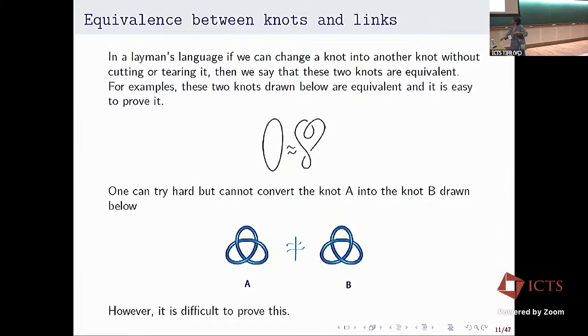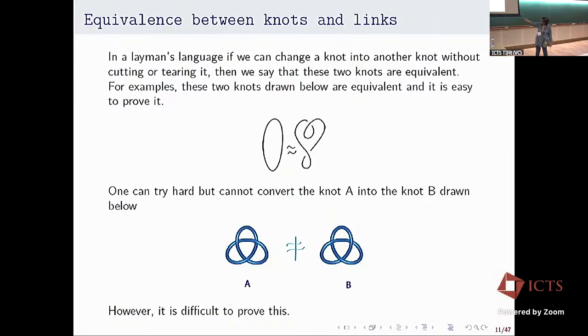You have certain loops, and I can always pull them out, and it would become the same. But in the second diagram, A and B look similar because they both cross 3 times, but where something is under, that becomes over here.